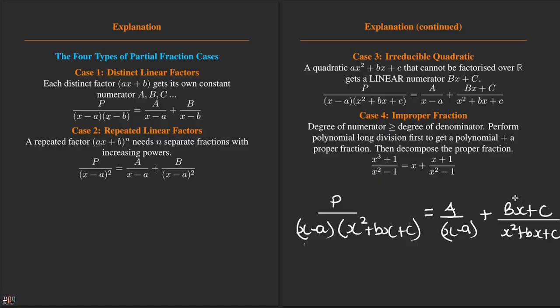The numerator will be Bx plus C. As simple as that. But for the improper, when we began, I said for improper rational functions, it simply means the degree of the numerator is greater than or equal to that of the denominator. So anytime you have something of that form, you would first of all need to divide.